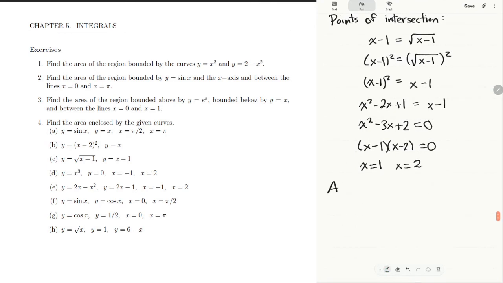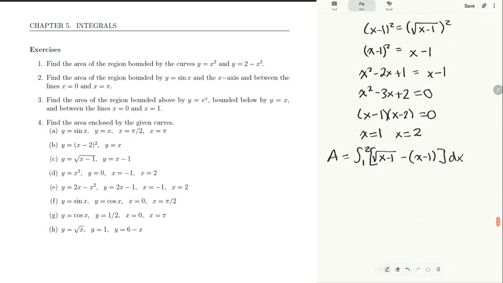And so the area is the integral from 1 to 2 of the square root of x minus 1 minus x minus 1 dx. So let's simplify. We can distribute the negative through the brackets.